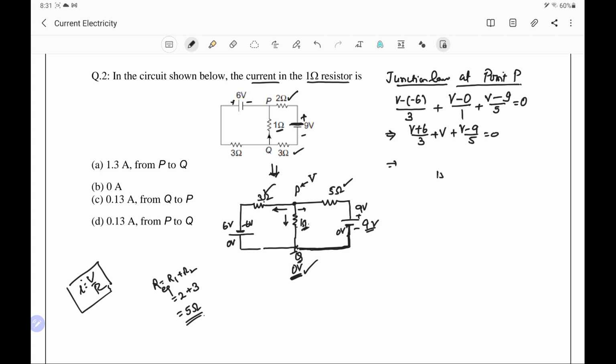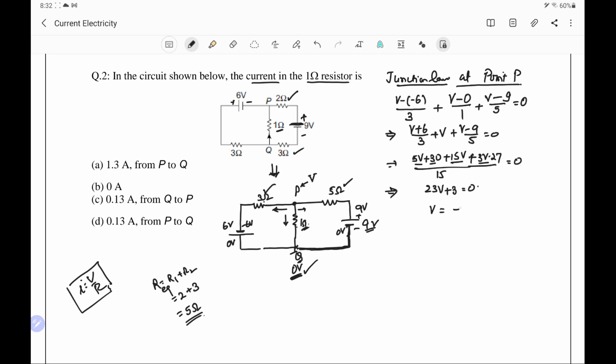Taking the LCM, 15, 5 is multiplied by V plus 6, so it is 5V plus 30, and 15 is multiplied by V, it is 15V, and 3 is multiplied by V minus 9, so it is 3V minus 27, and this equals 0. Cross multiplying, 15 into 0 is 0, therefore 15V plus 5V plus 3V, that is 23V, and 30 minus 27 is plus 3, equal to 0.